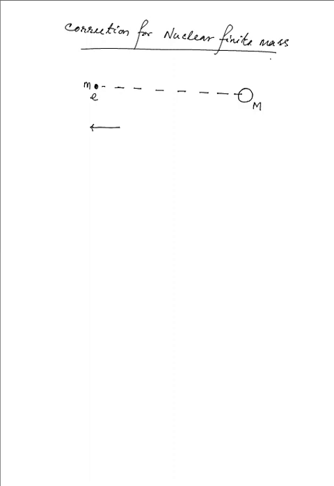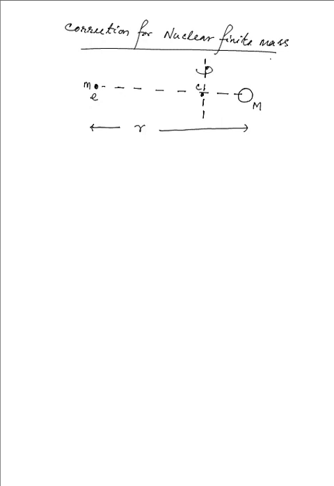This entire length is r, and let there be a center of mass, the center of mass about which the entire system revolves because of the now finite mass consideration of the nucleus.